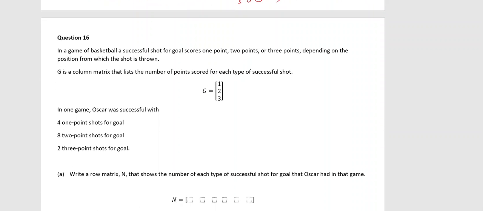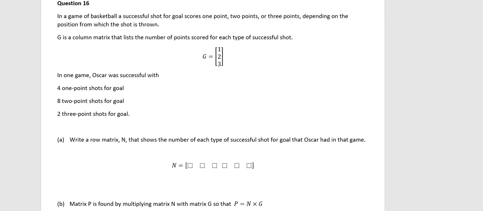Okay, let's go down. So this is a matrix question in a ball game. Okay, so what do we want? We want a matrix to show the number of each type of successful shot Oscar scores in a game. Let's read this question carefully. In basketball, a successful shot scores 1 point, 2 points, or 3 points, depending on the position of the ball.